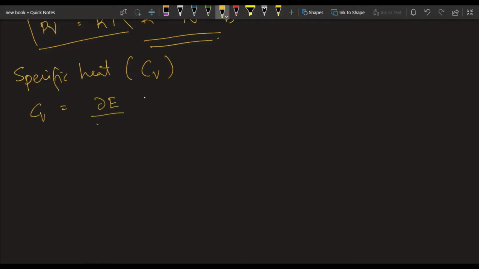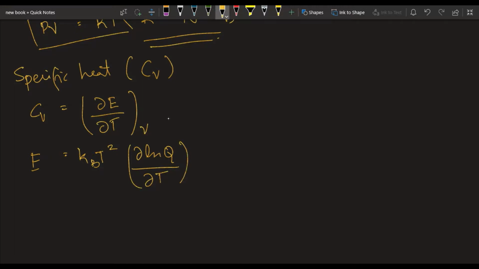This is the definition of the specific heat. Now let's see what the energy looks like in a canonical ensemble. E is given by kBT square dou ln Q by dou T. Okay, let's plug these values.